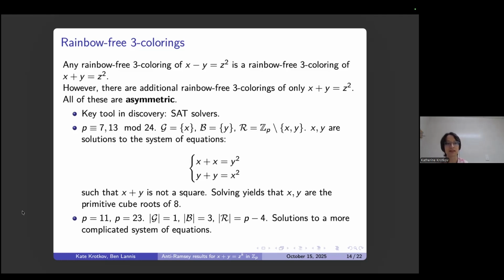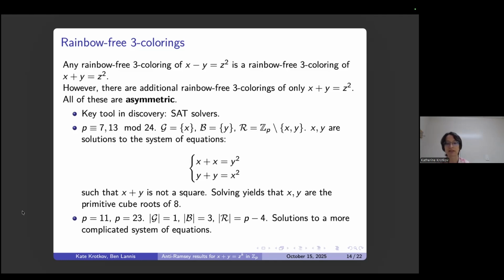And if the third thing is not x or y, then you get a rainbow solution. And so that, combined with the fact that you can have y plus something is equal to x squared, tells you that you have to have x plus x is equal to y squared, and y plus y is equal to x squared. And another thing is that we want x plus y to not be a square, because if it is, then we have a third z that's distinct from x and y. x, y, z would be a solution triple, and that would also be a rainbow solution.